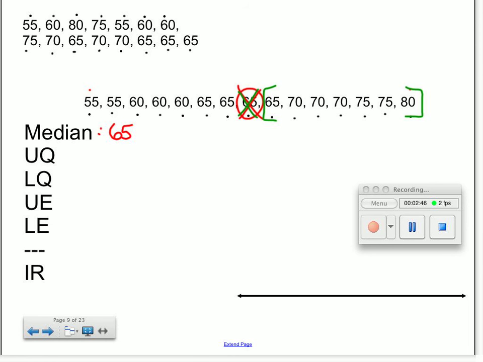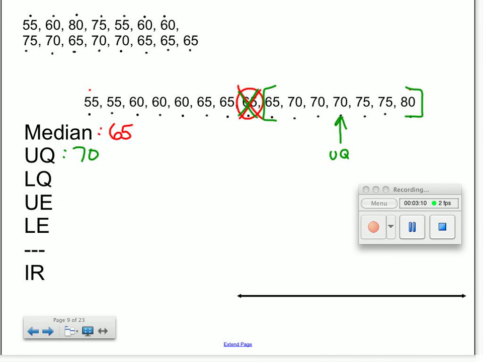We need to split this now and find the median. And we land right here, and that's your upper quartile. So for that, we're going to come over here and write 70. All right, upper quartile is just the median again. You're basically finding the median 3 times.